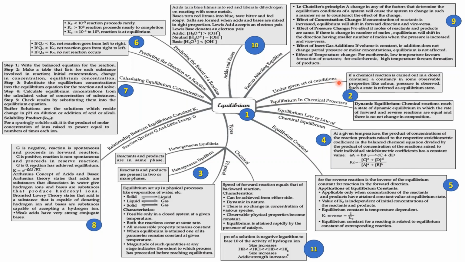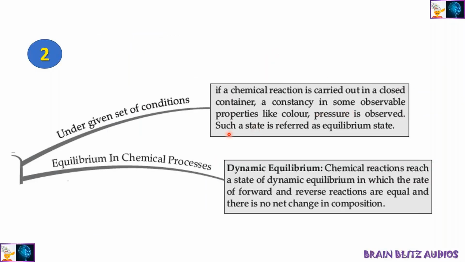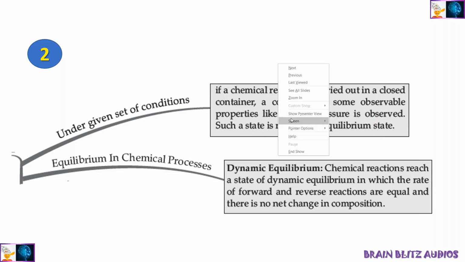Equilibrium under a given set of conditions and equilibrium in chemical processes. Equilibrium under a given set of conditions states that if a chemical reaction is carried out in a closed container, a constancy in some observable properties such as color, pressure, etc. is observed. Such a state is referred to as equilibrium state.